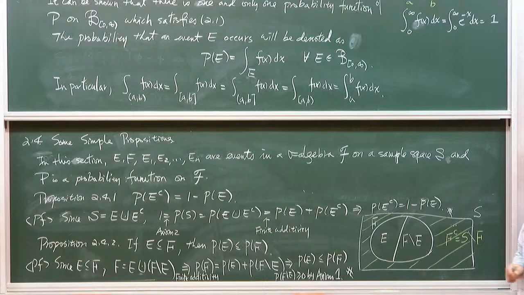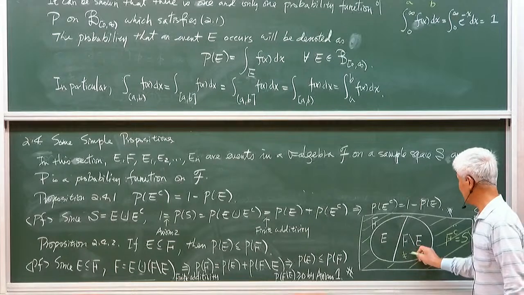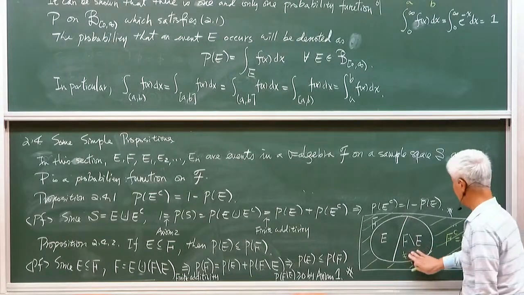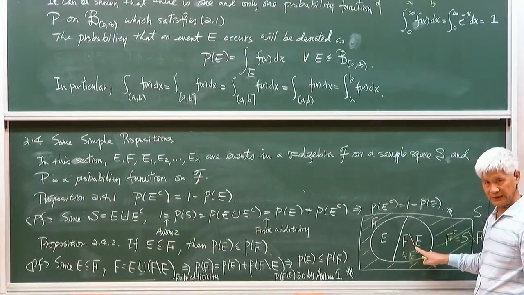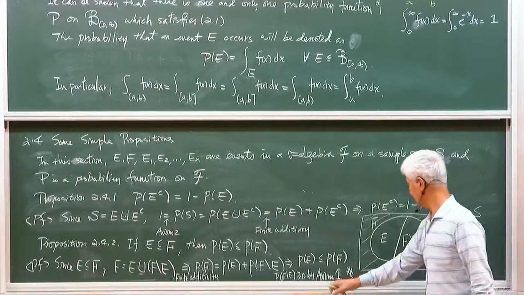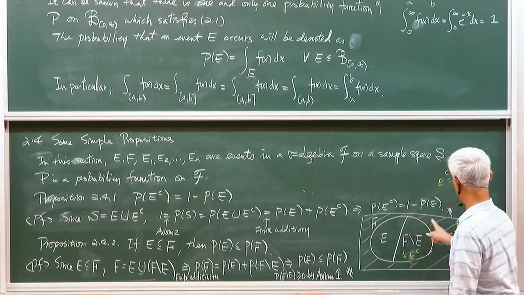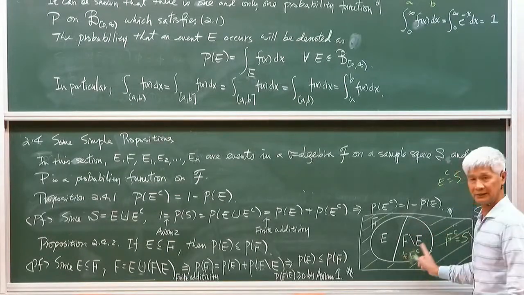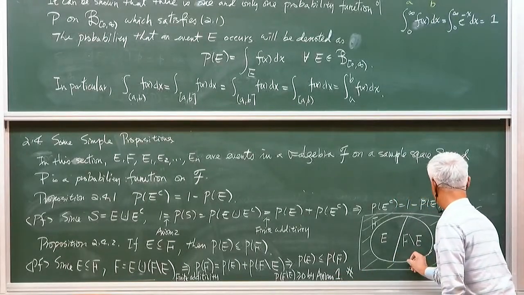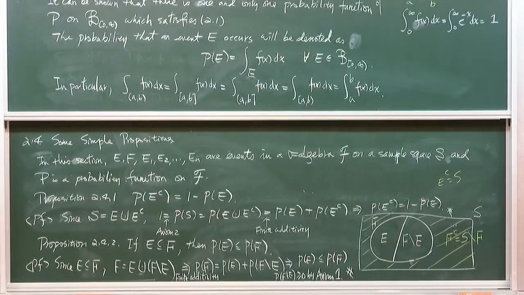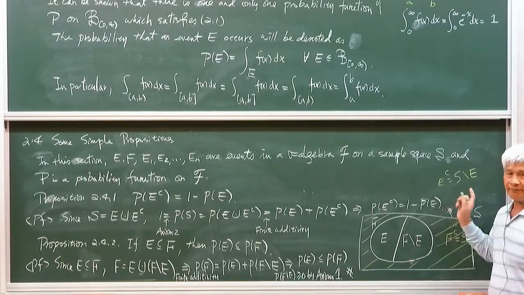But this one is in general not equal to E complement, different, because it's F minus E. E complement would mean including that and also this part here. So you have to understand that.